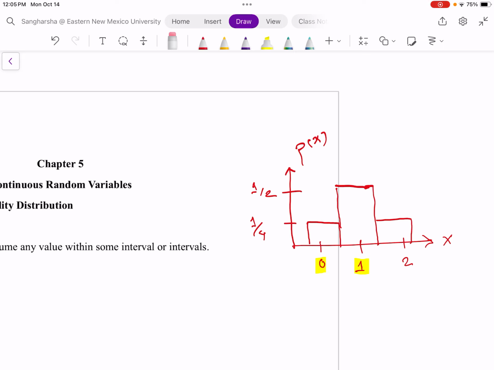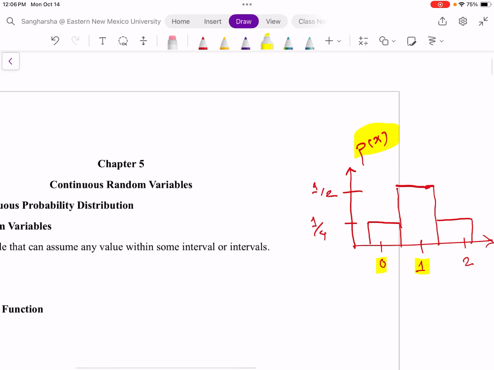How do you know the probability of x when it takes a value 2? The height of a bar, right? So the height of a bar gives us the probability. Since the vertical axis represents p of x, the height is the same as the probability here.